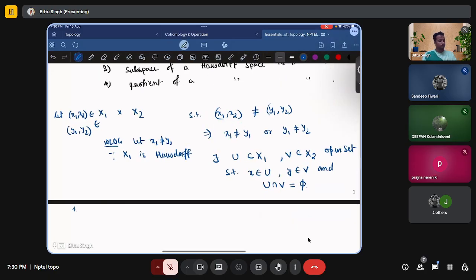So this is true, right? By definition of Hausdorff space.